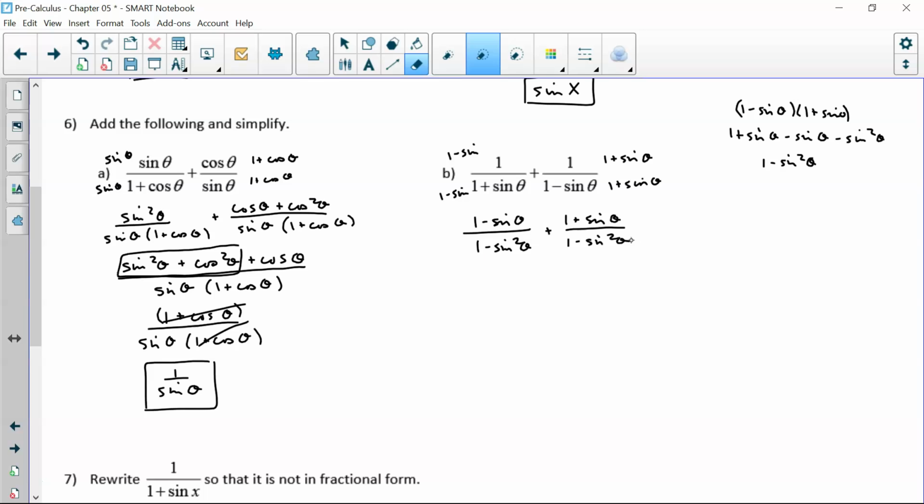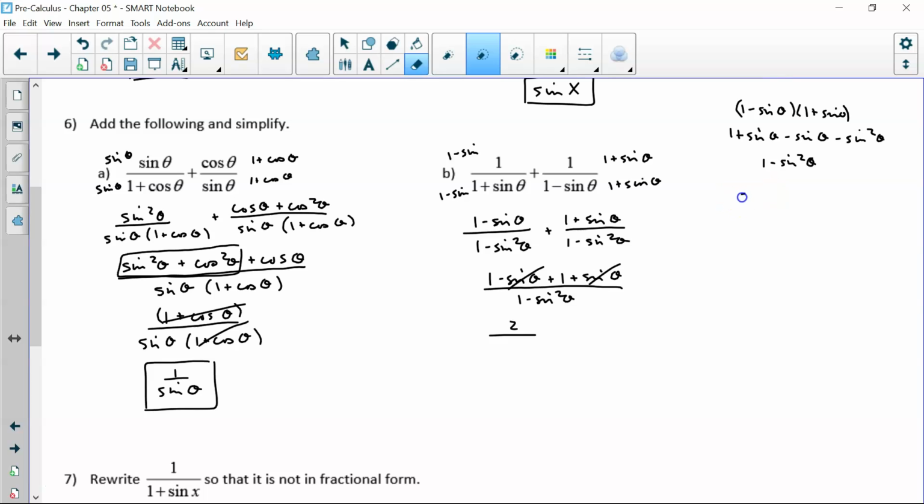So now I end up with 1 minus sine theta plus 1 plus sine theta over 1 minus sine squared theta. On the top, my sine thetas cancel out. So we're left with 2 over 1 minus sine squared. That looks pretty familiar.